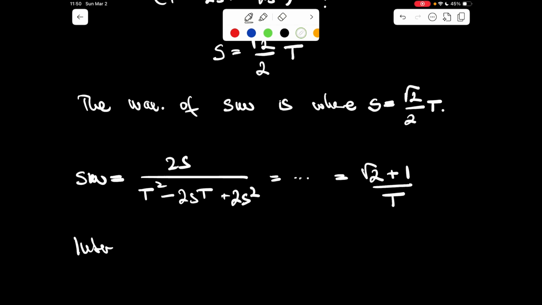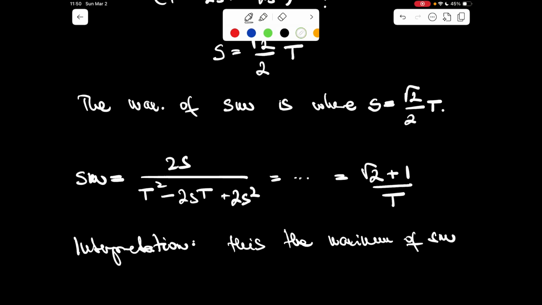Interpretation. This is the maximum of Sm, which is the minimum of the original problem.